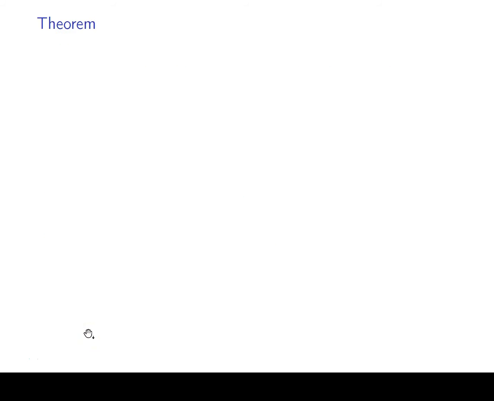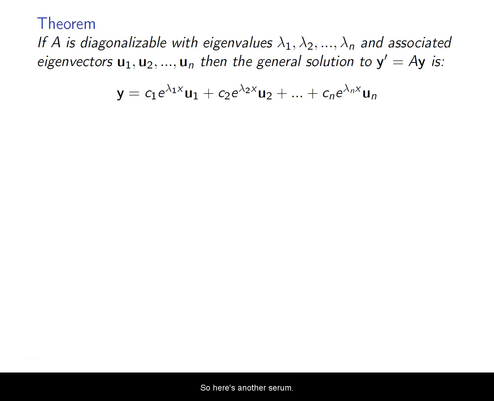Here's another theorem. If my coefficient matrix is diagonalizable and it has eigenvalues lambda 1, lambda 2, up to lambda n, and each of these eigenvalues has an associated eigenvector, then my general solution to this equation is going to be a linear combination of those solutions, right?